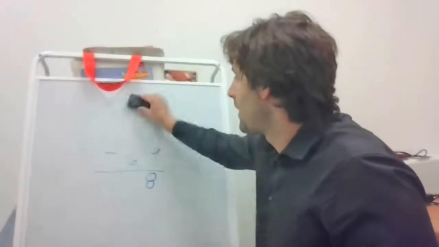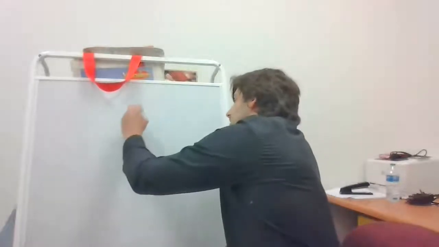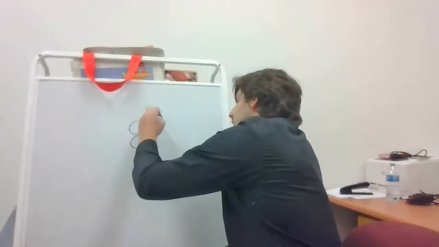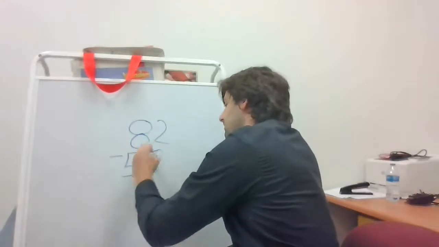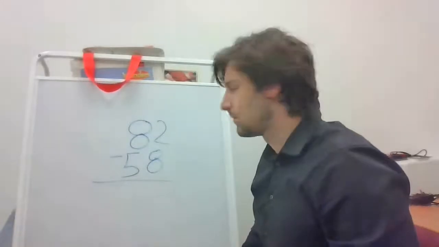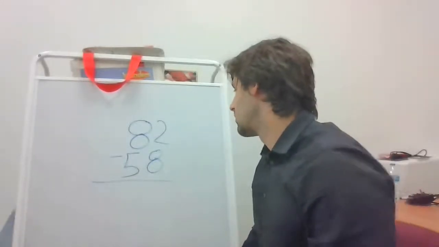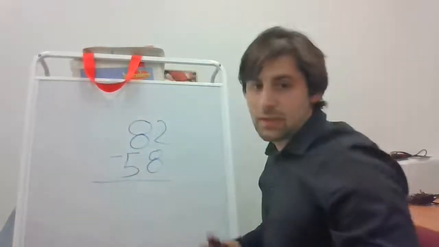All right, 2 more problems. 82 minus 58. So looking at the ones place, if we're only starting out with 2, we can't take 8 away. So that means that we need to regroup.